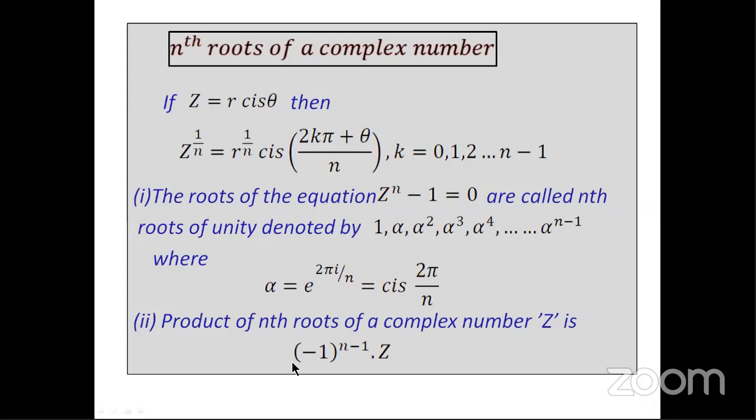That bracket part, (-1) power anything, gives either -1 or +1, depending upon the power. So the complex number multiplied with -1 or +1, depending upon the n value, will give you the product of the roots. You need not calculate all the 3 roots and then multiply them to give the answer. Directly you can make use of this formula.